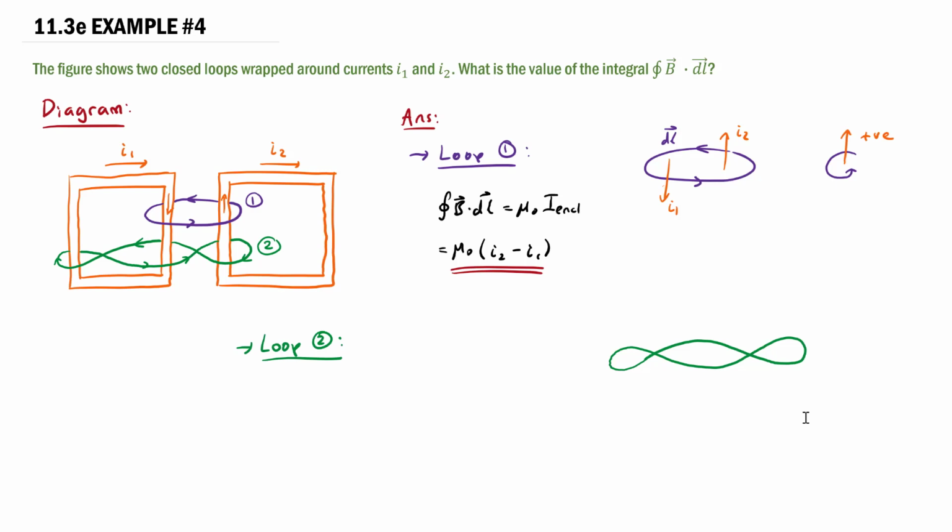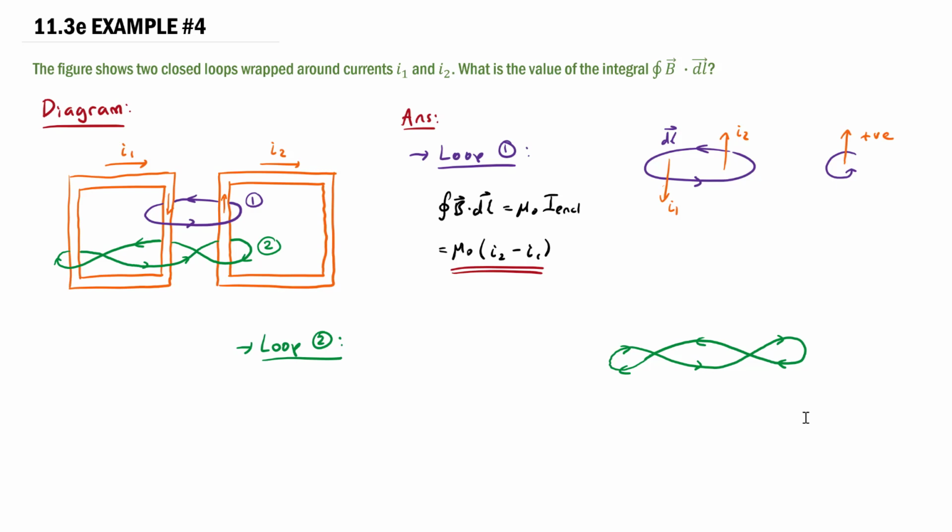Technically it's 3 loops, so we have to know whether each loop is clockwise or counterclockwise in terms of its dl. The far left loop goes this way and that way, then the middle one, then the one going to the right.